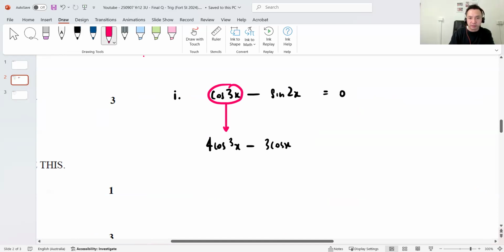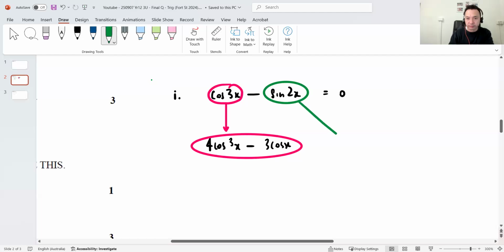So that's this. Yep. And if you're smart about it, at the same time, you basically replace this with double angles, right? So double angle for sine would be 2 sine cos.